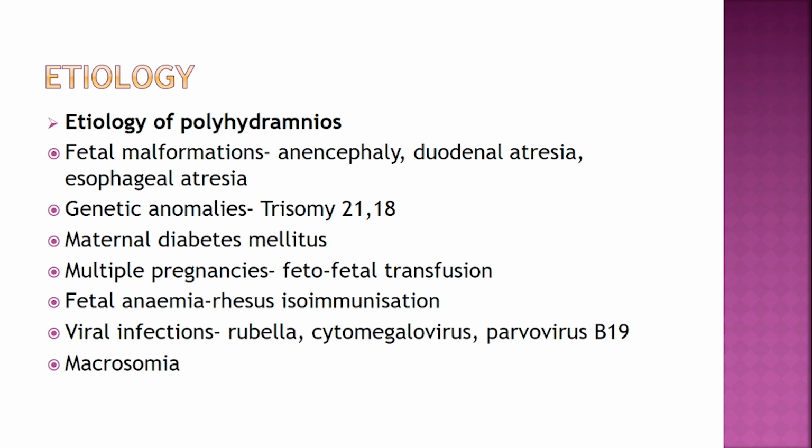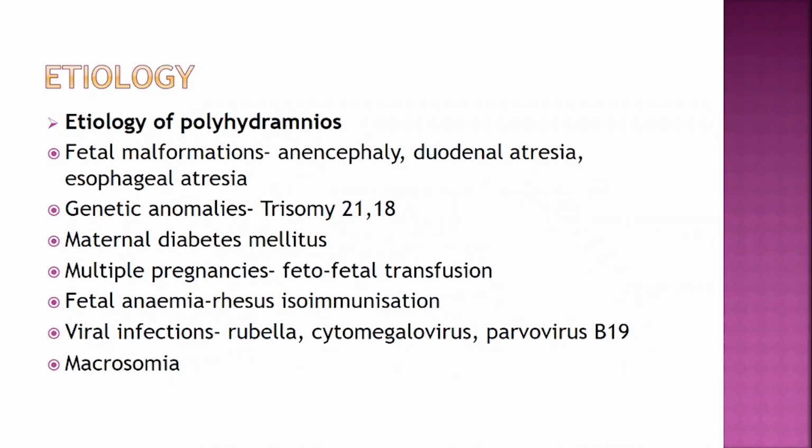Etiology. What is the etiology of these conditions? Etiology of polyhydramnios: fetal malformations, anencephaly, duodenal atresia, esophageal atresia. A good way to remember this etiology is to remember that amniotic fluid is being removed by fetal swallowing.